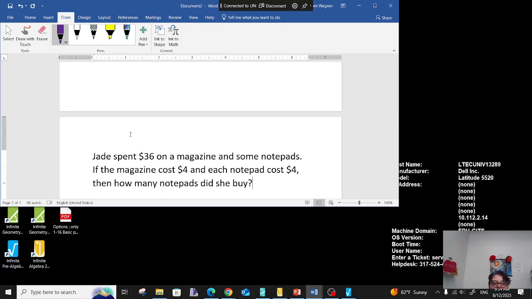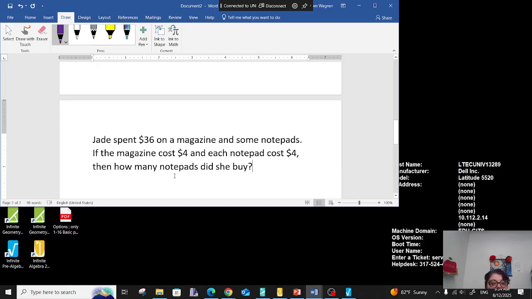So our variable is going to be the notepads because I don't know how many notepads she bought. But how much did each notepad cost? $4. So $4 times the number of notepads would be how much money she spends on the notepads, right?